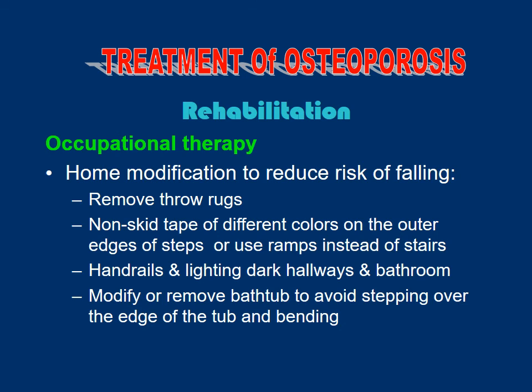Like removing throw rugs, using non-skid tape of different colors on the outer edges of the steps, or using ramps instead of stairs, using handrails, lightening dark hallways and bathrooms, and modifying or removing the bathtubs to avoid stepping over the edge of the tub and bending.